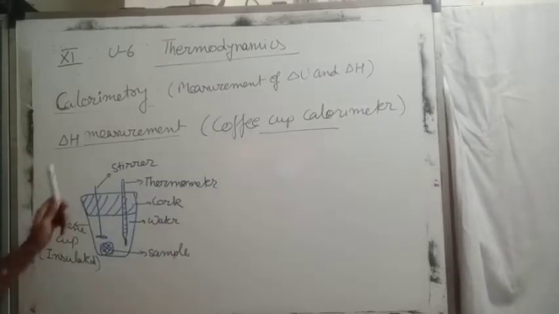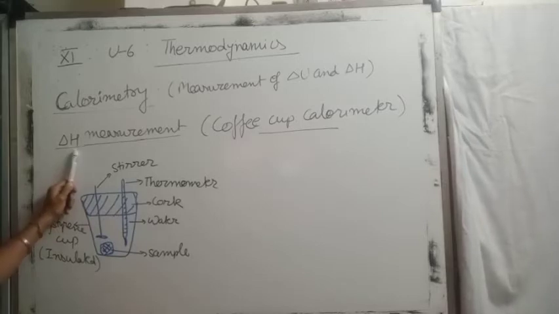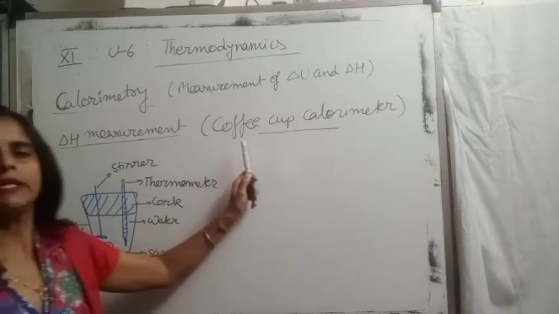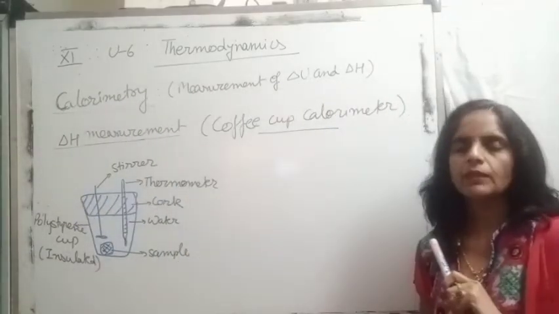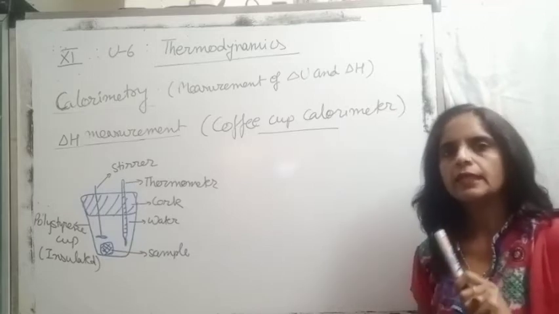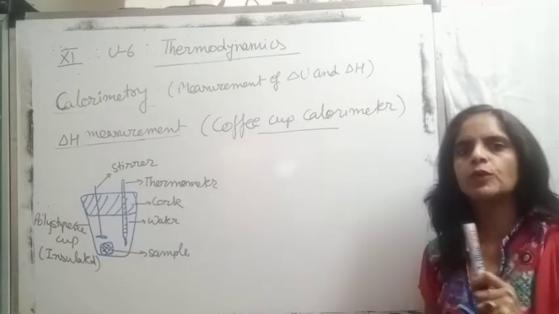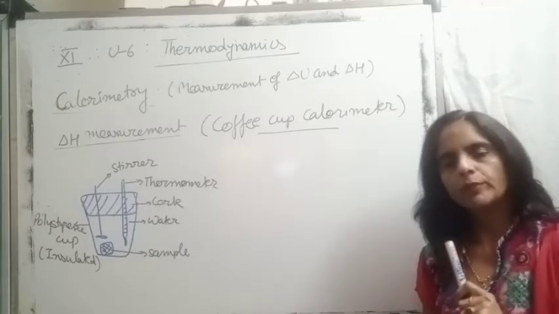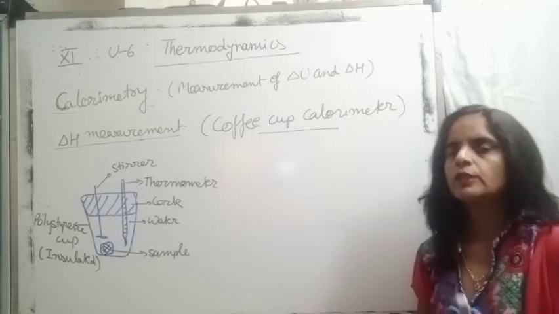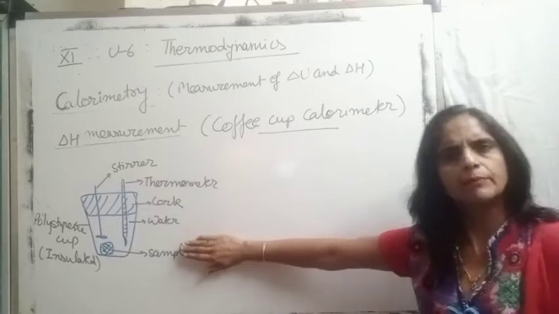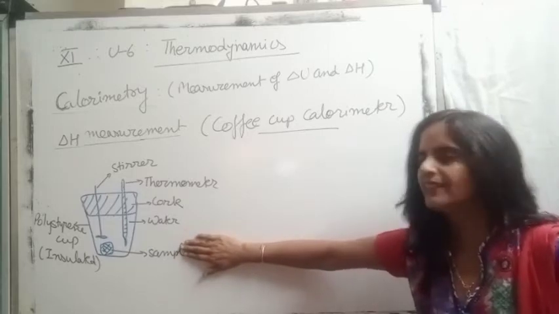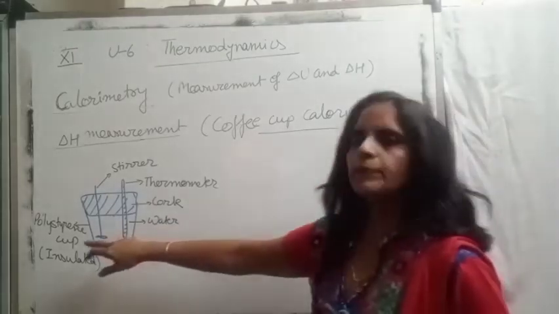The second method is measurement of enthalpy change in a process, and the calorimeter used is termed the coffee cup calorimeter. To measure internal energy change, we use the bomb calorimeter. To measure enthalpy change, we use the coffee cup calorimeter. It is a very simple apparatus. It's a polystyrene cup.